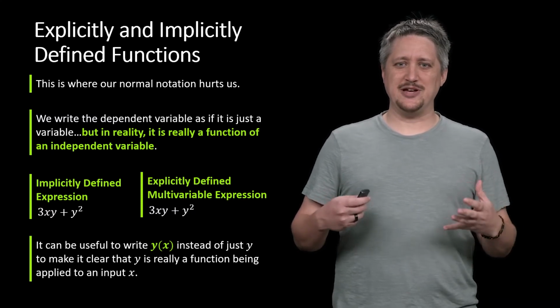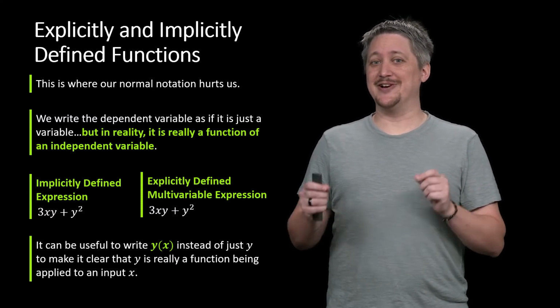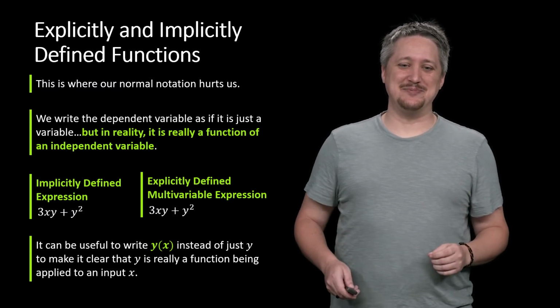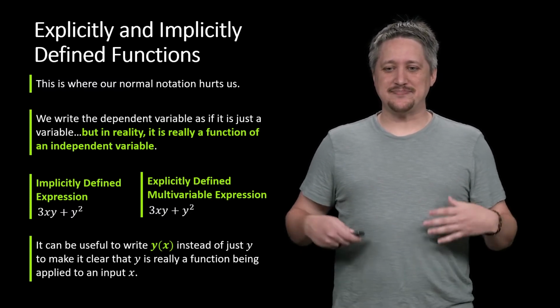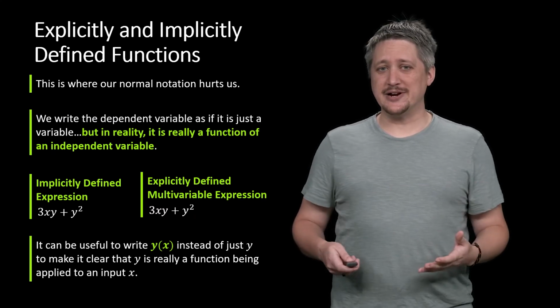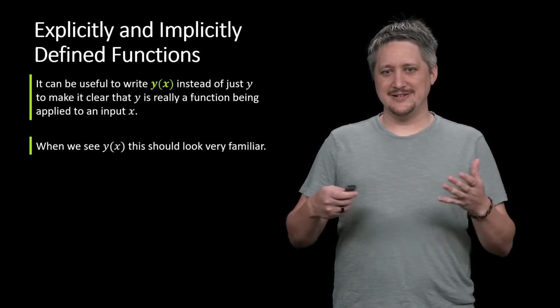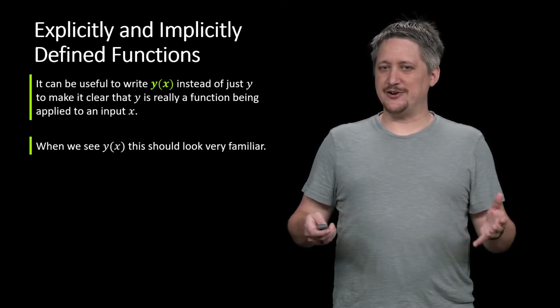So it's a way of making the implicit nature explicit, which I realize is kind of a nice juxtaposition. So it can be helpful to write this, but remember that these are letters, right?